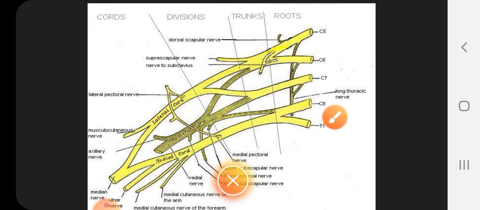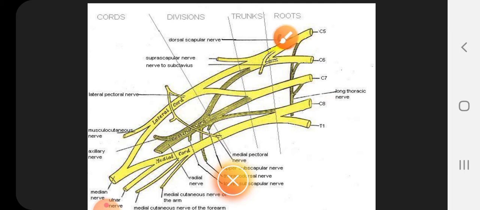Now we will see the branches of the brachial plexus. From the roots we get, number 1, the nerve to serratus anterior, also called the long thoracic nerve, seen in dark yellow color.